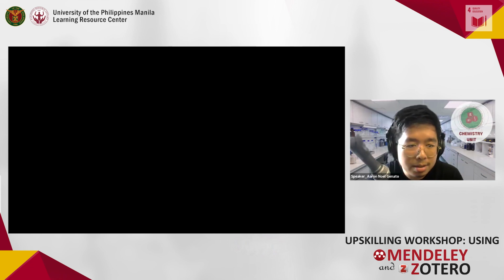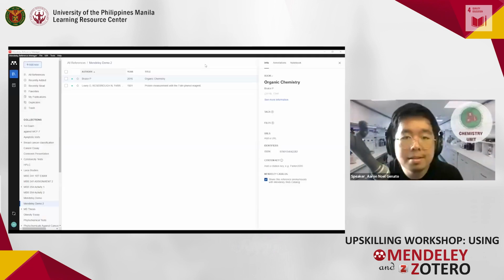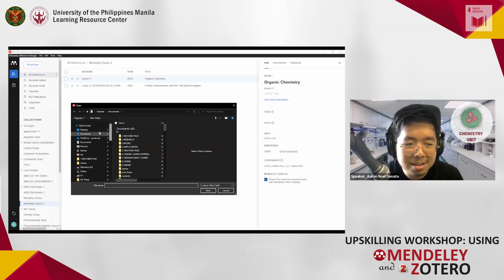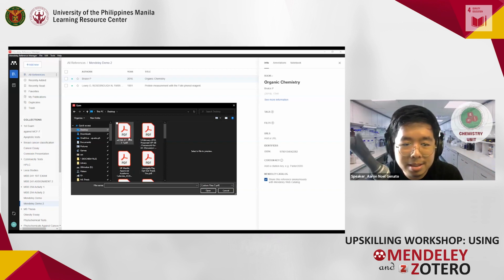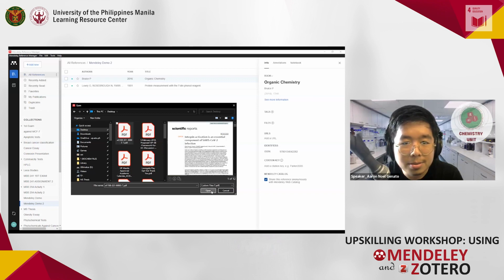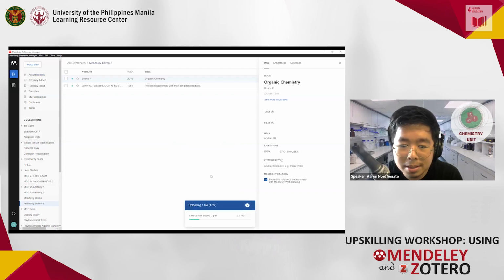Here I have one sa desktop. I'll put it on my desktop. Sige. I'll show you how to add via this function. Add new files from computer. I'm not sure kung makikita niyo yung file explorer ko kasi I'm only sharing the reference manager. But on my desktop, I have this paper that I will add to Mendeley demo 2. Okay. I'll press open and it's now uploading the file.